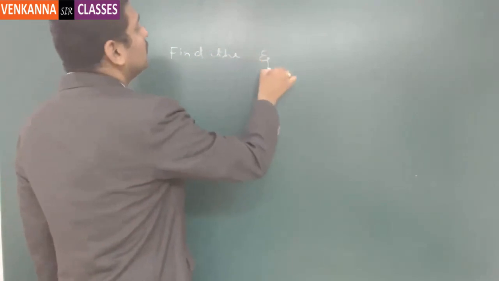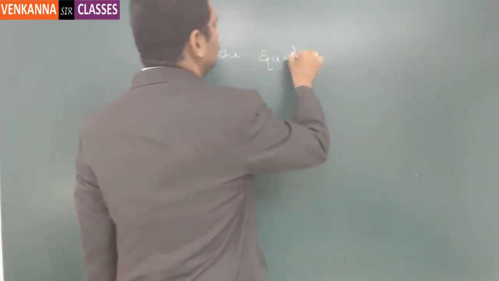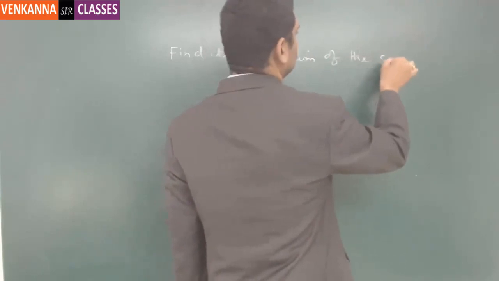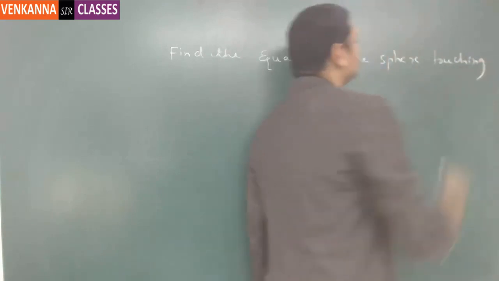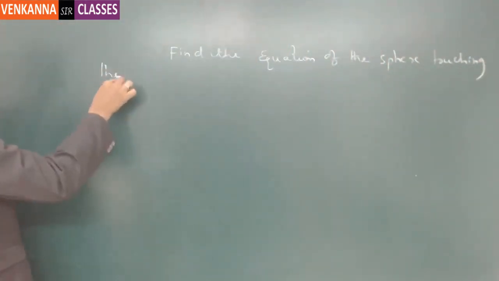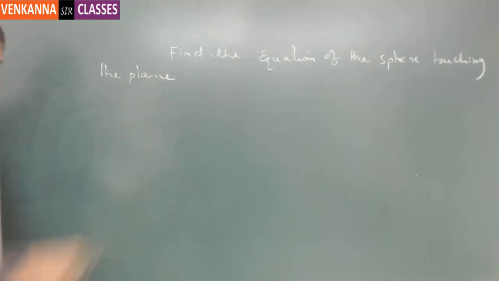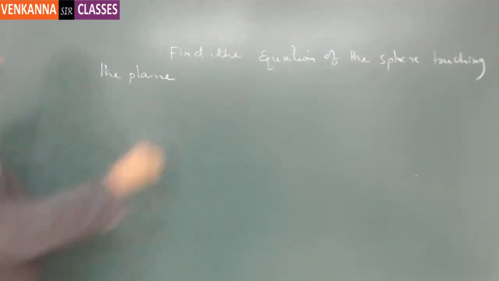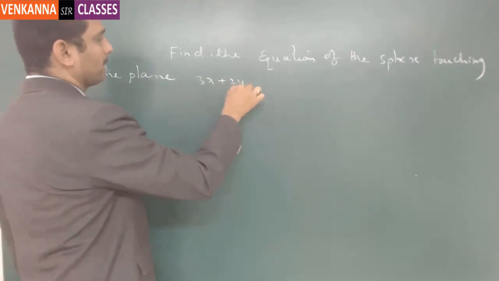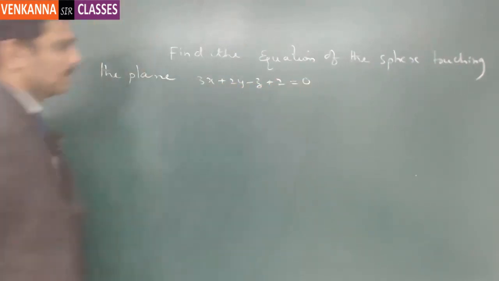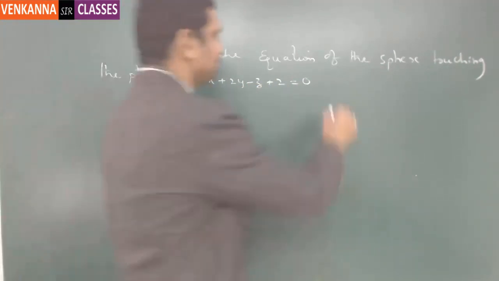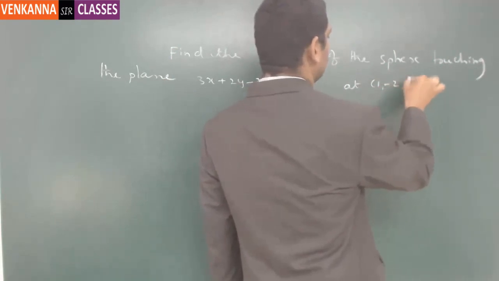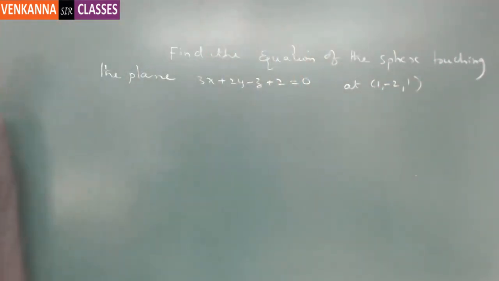Find the equation of the sphere touching the plane 3x plus 2y minus z plus 2 equal to 0 at 1, minus 2, 1 and passing through origin.